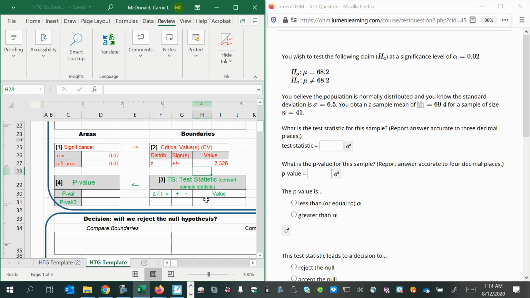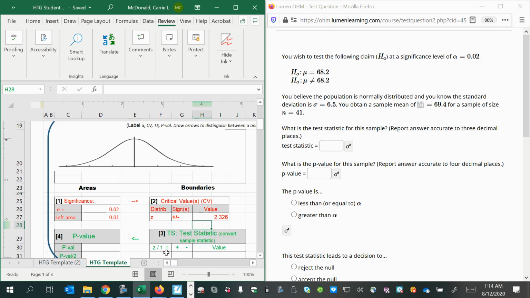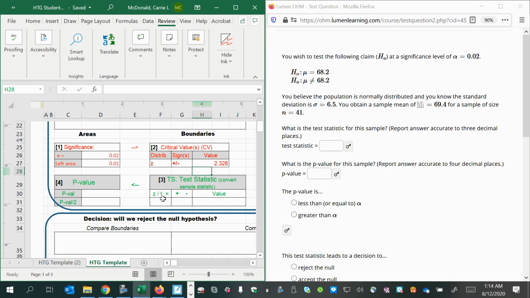Now the test statistic will be calculated by taking our sample statistic X bar and turning it into a z-score. So just like our critical value is a z-score, our test statistic will be a z-score. The sample mean, 69.4, is less than the claimed mean, so this will be a negative z-score.